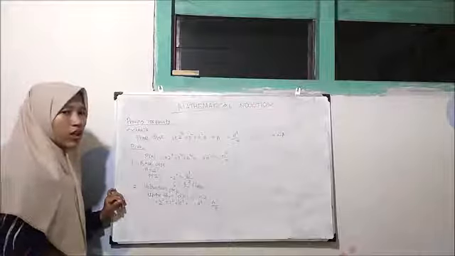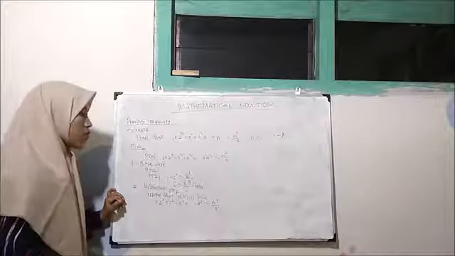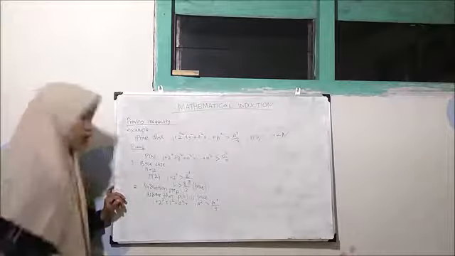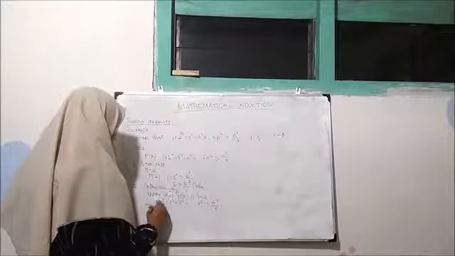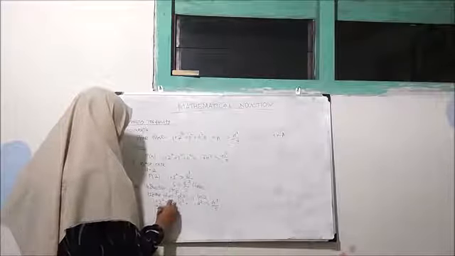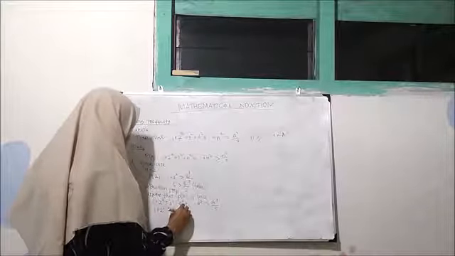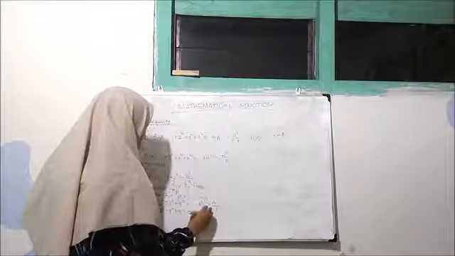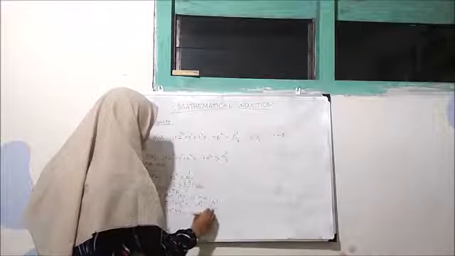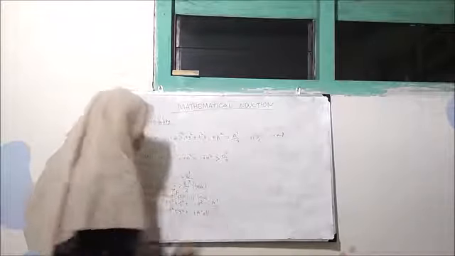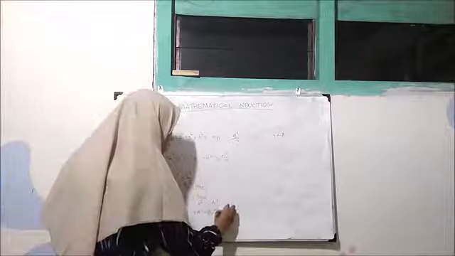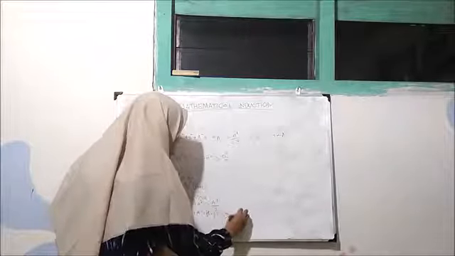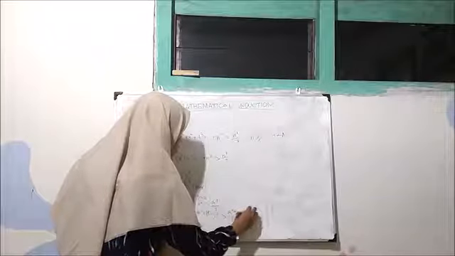Then we add both sides by k plus 1 square. 1 plus 2 square plus 3 square and so on until k square plus k plus 1 square is greater than k cube over 3 plus k plus 1 square.